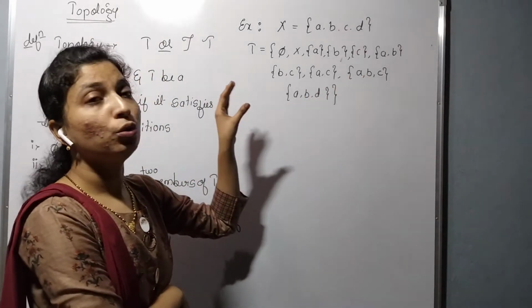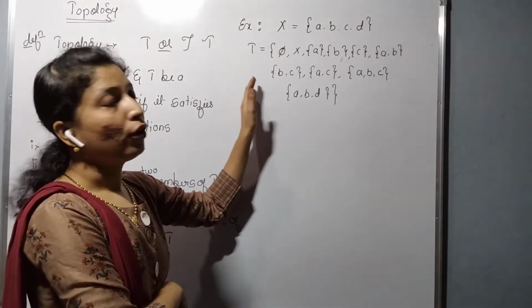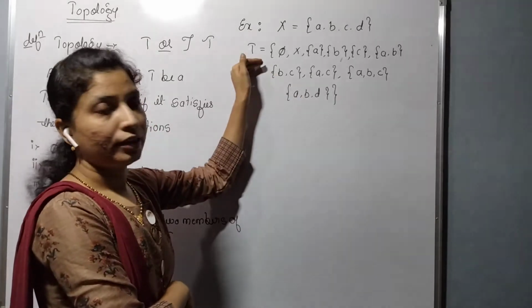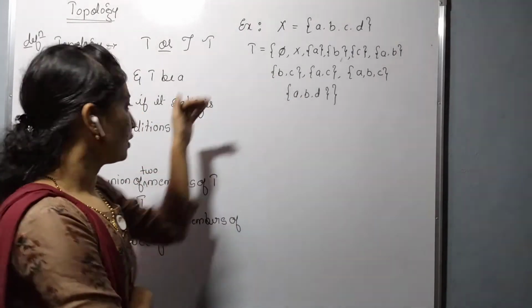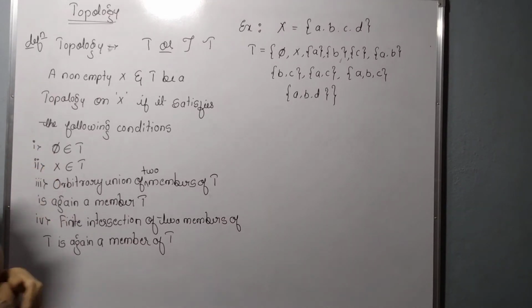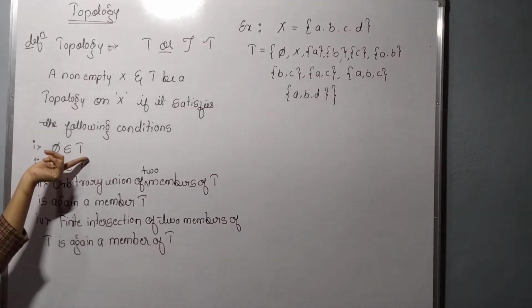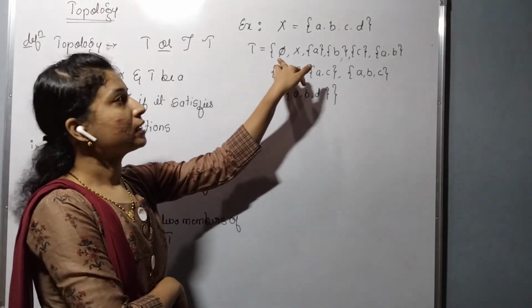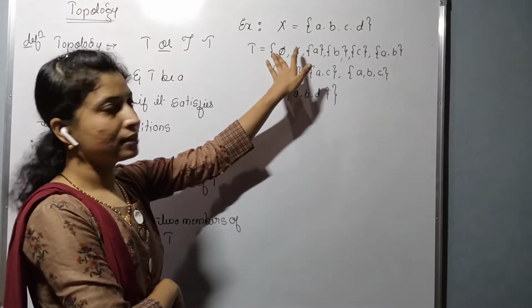Here we have to check that all members of this set tau satisfy these four conditions. Okay, so here first condition is empty set belongs to tau. Already the tau is defined, starting with the null set only.